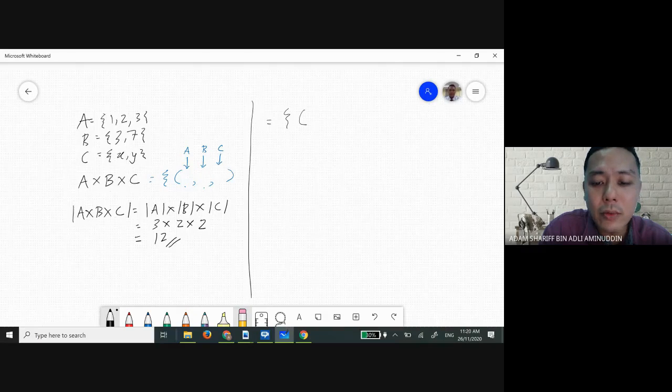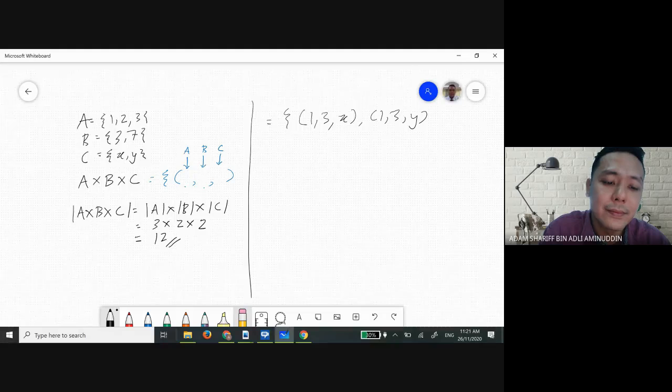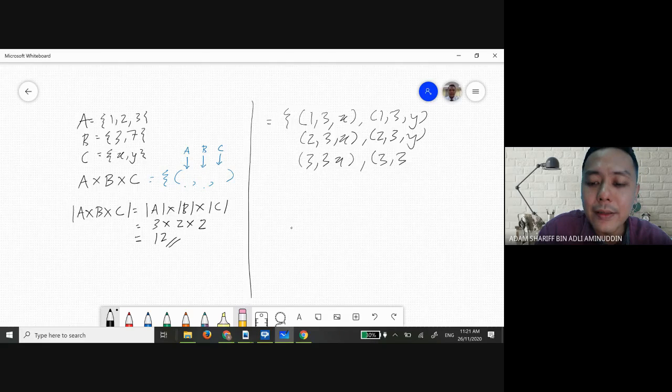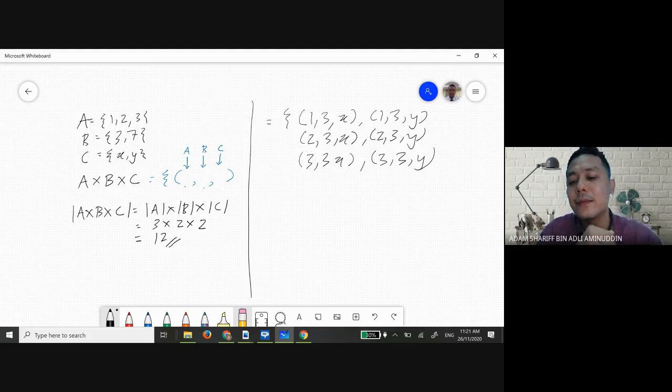This is quite intuitive, tapi kena hati-hati. 1, 3, X. 1, 3, Y. And then 2, 3, X. 2, 3, Y. 3, 3, X. And 3, 3, Y. Okay.